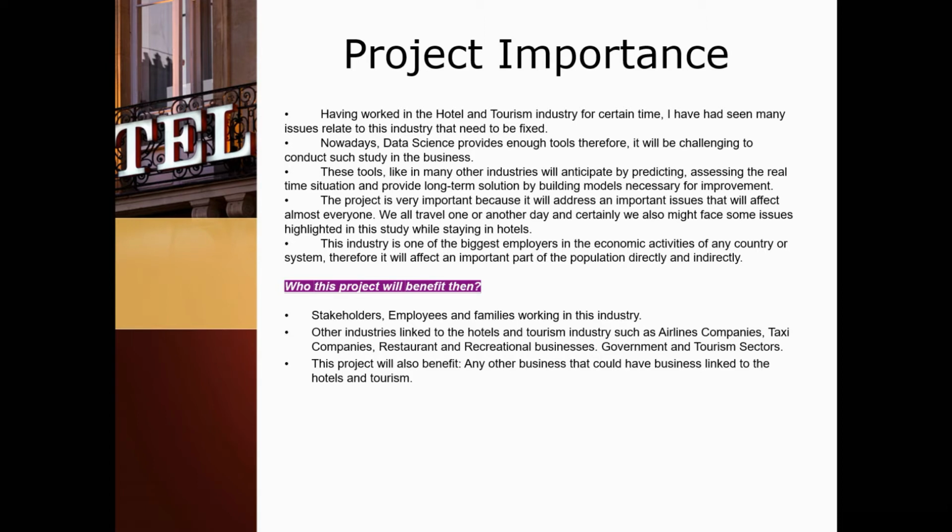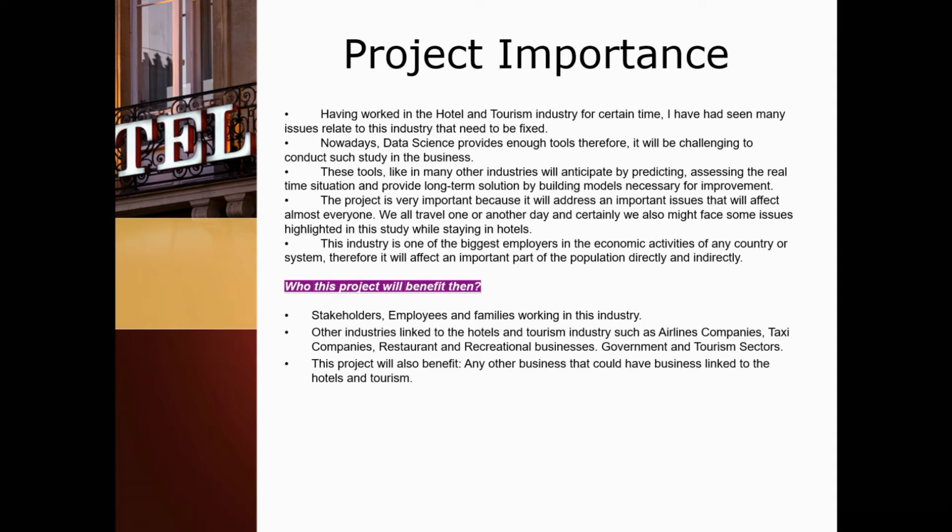As data science provides many tools nowadays, it will be very challenging to conduct such a study because it aims to also fix the issues that any one of us might face at a certain time in our life. As far as traveling is part of our life, we are all concerned.